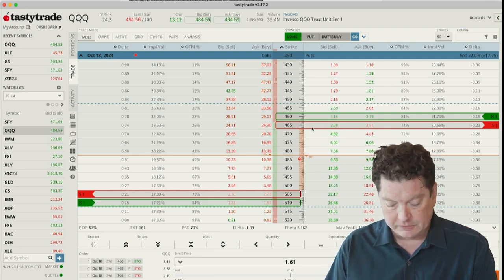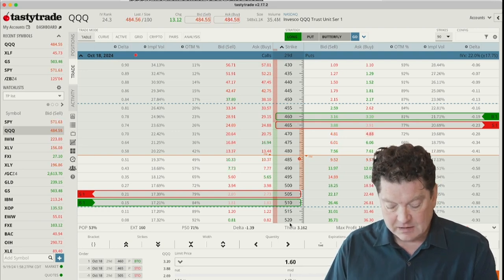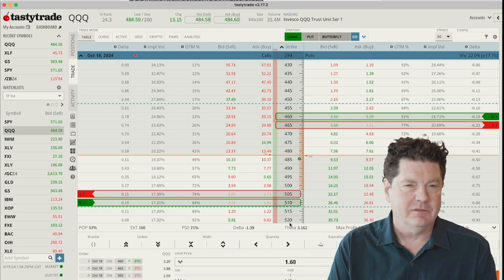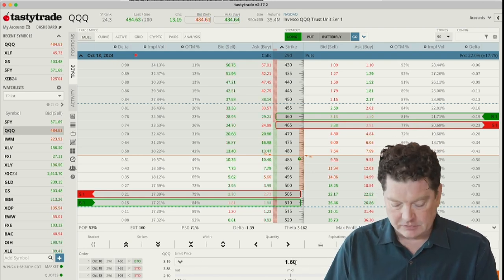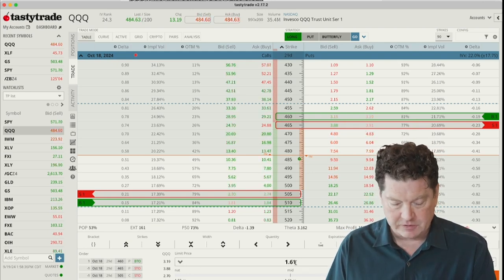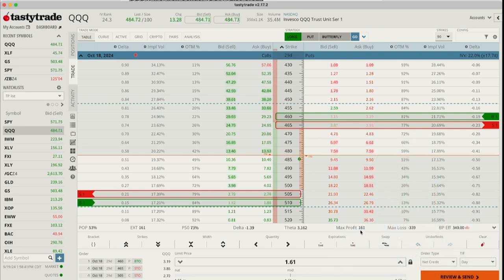So the long 460, short the 465 puts, short the 505 call, long the 510 call. What that does is a third of 5 is about 1.65. $1.60 is about a third, so that's kind of within that one-third credit target. Maximum loss is $339. Max profit is $162.